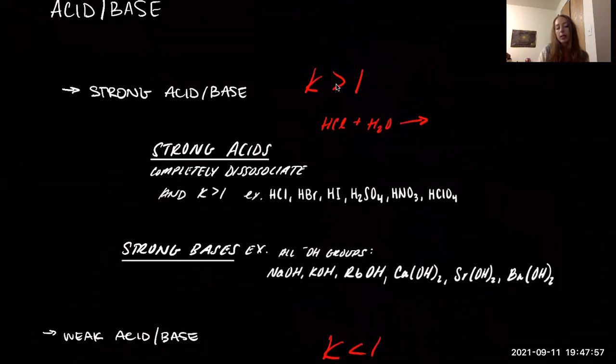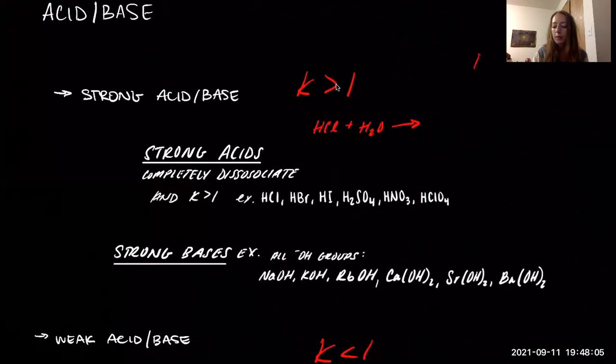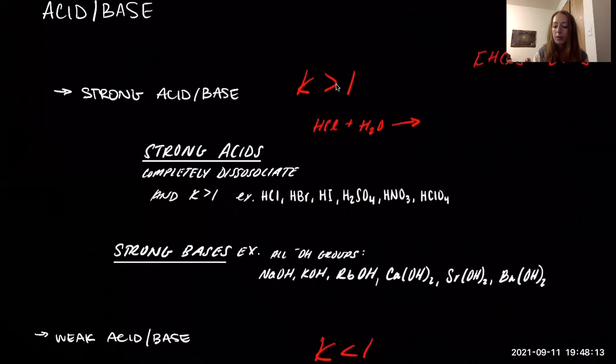Like I said, strong acids and bases completely dissociate and react with water, so the concentration of HCl is equal to the concentration of H+, which is the same as H3O+. So if I were to finish my equation right here, the reaction.